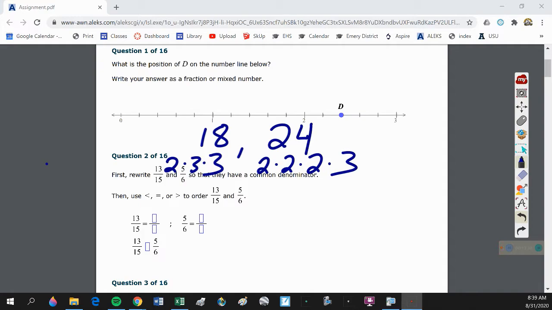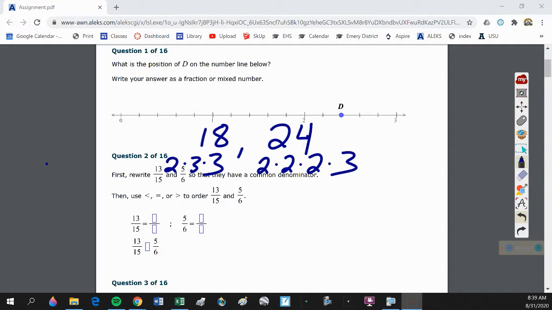Okay, so my least common multiple has to have 2's and 3's. And the number of 2's it needs is the biggest number of 2's that is on one side. So how many 2's do I need? 3.